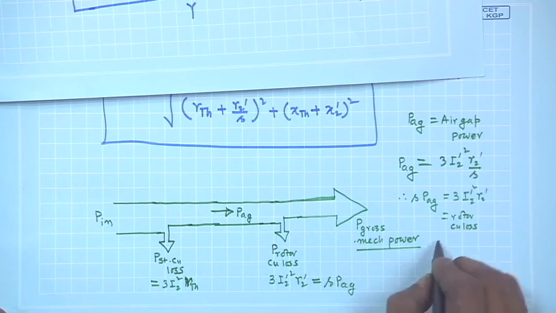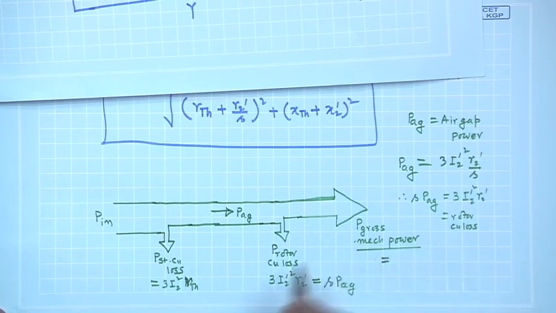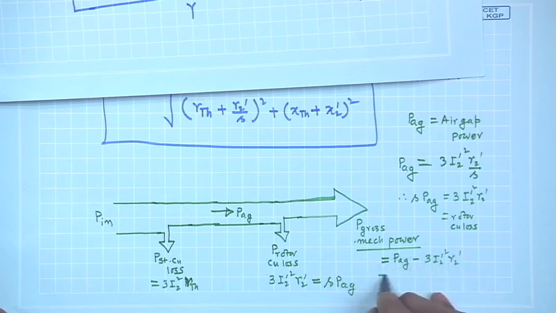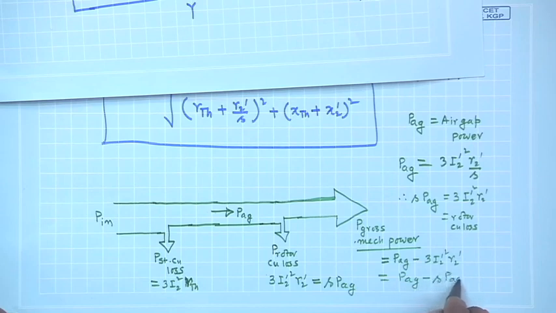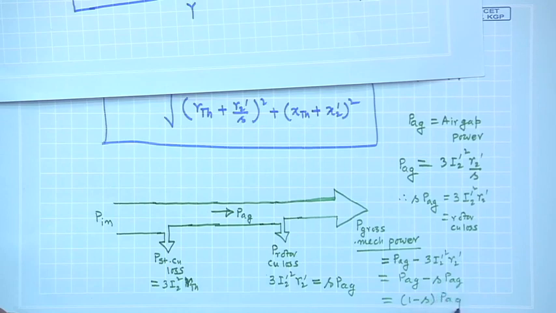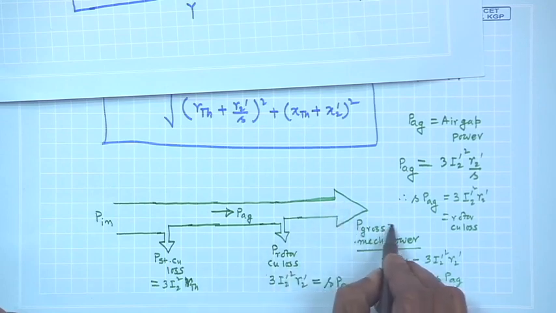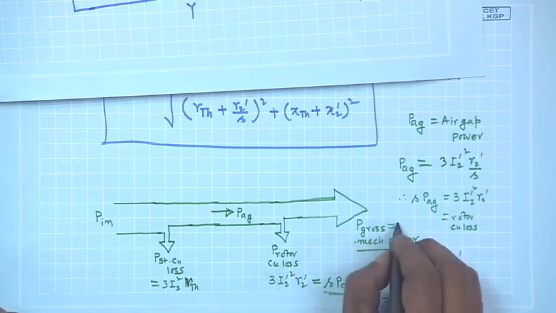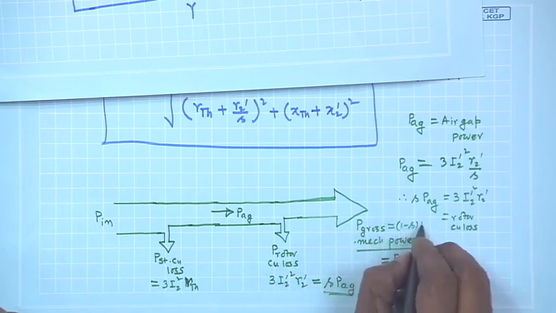And the gross mechanical power must then be PAG minus 3 I 2 dash squared R 2 dash, which is PAG minus S into PAG, equal to 1 minus S into PAG. So, gross mechanical power is PAG minus S PAG, the rotor copper loss, which gives 1 minus S into PAG.